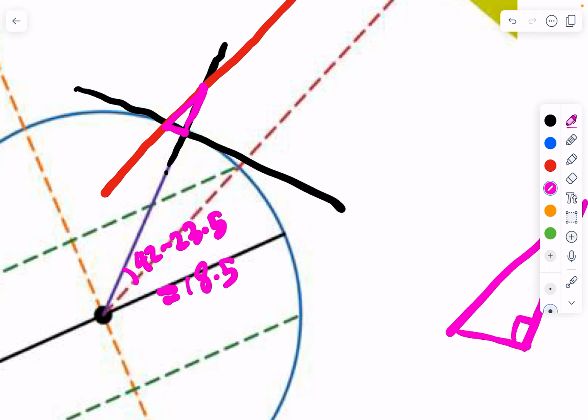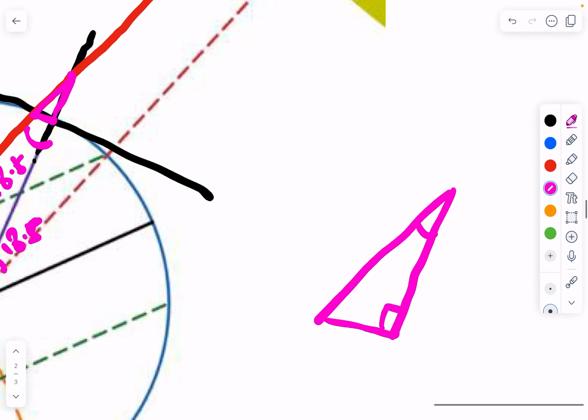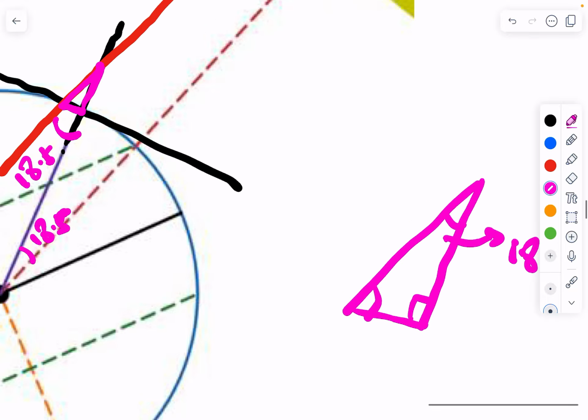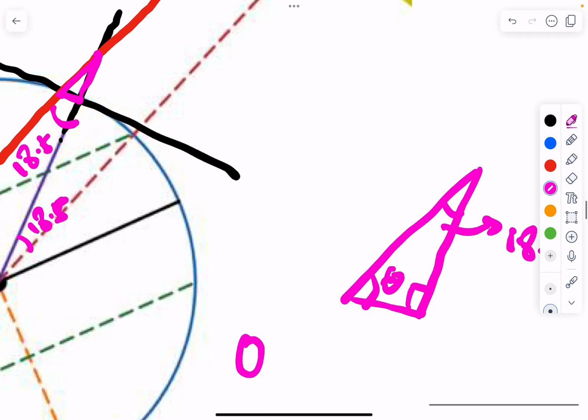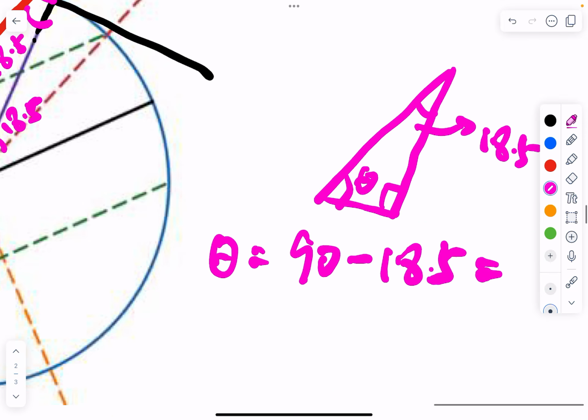Is it 18 and a half? Yeah, 18 and a half. So this would be 18 and a half degrees. And then because these two are parallel, this angle is also 18 and a half. Now the final angle, which is the angle we want, is equal to 90 minus 18.5, which is 71.5 degrees.